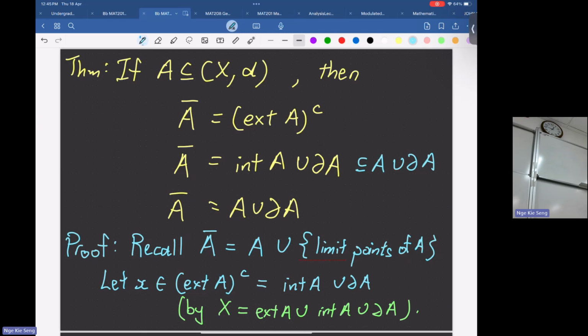But in the boundary, you can consider all points in A. The ball in boundary, as long as you contain one point in A and one point in A complement, it doesn't exclude the center. But for limit point, you need to exclude the center to consider other members of A. So this is a difference here.